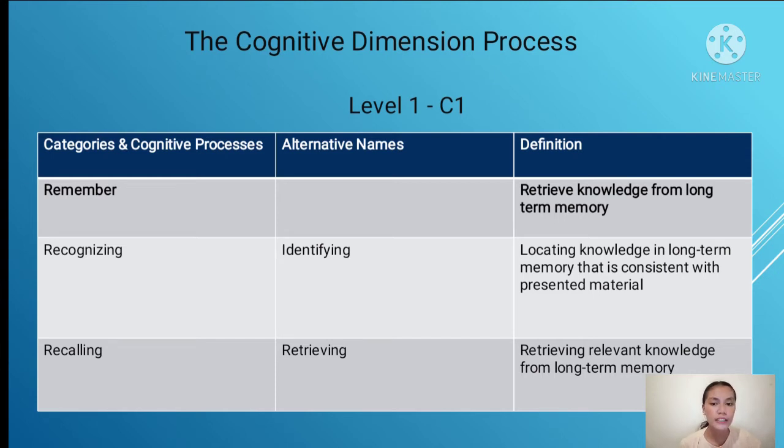Its cognitive processes are recognizing and recalling. In recognizing, its alternative name is identifying, which means locating knowledge in long-term memory that is consistent with presented materials. Next is recalling. Its alternative name is retrieving, which means retrieving relevant knowledge from long-term memory.